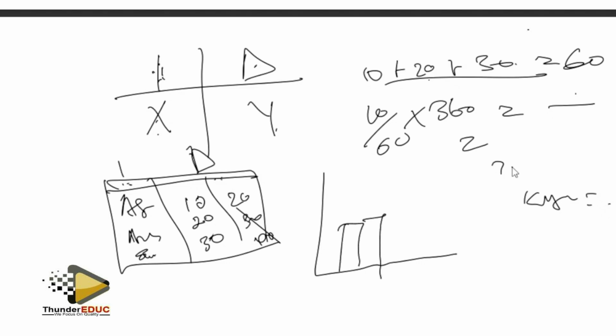Then after that, give a space. Plot this and this, maybe 20. And then plot this and this, maybe 50. Then a space. Now, these bars must be the same. If this bar is not the same size as this, you lose a mark. These spaces must be the same. If those spaces are not the same, you lose a mark. That's how kids lose marks with these graphs.